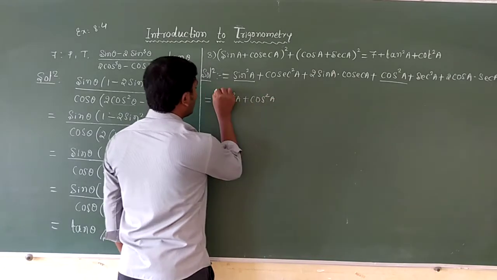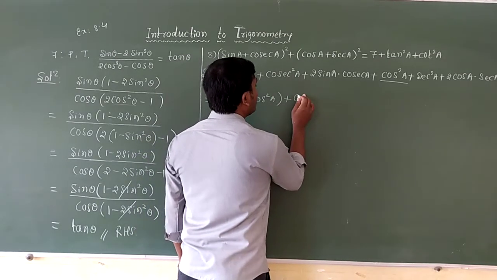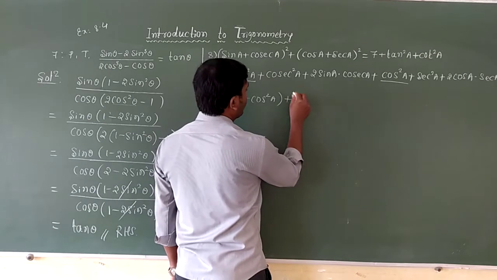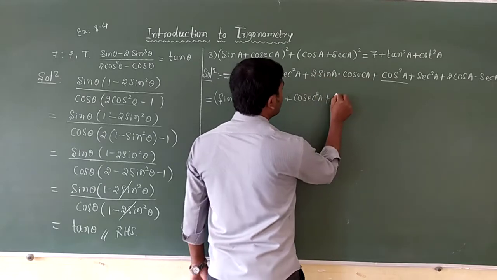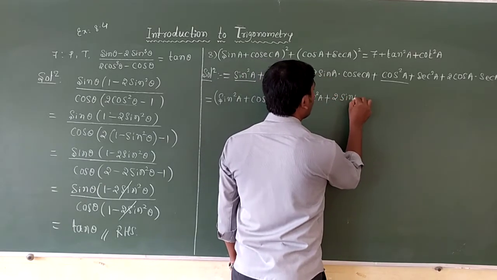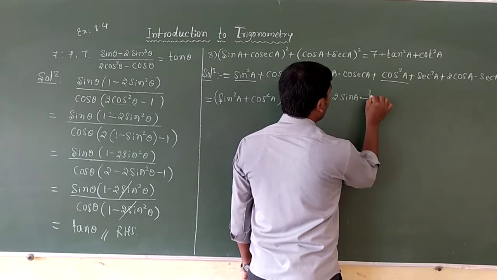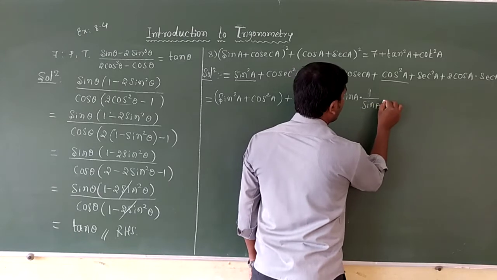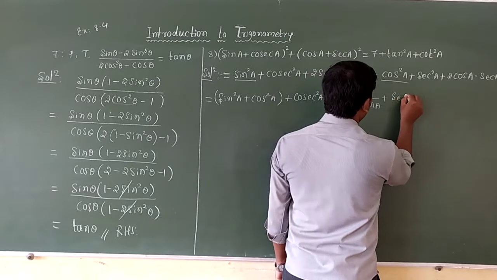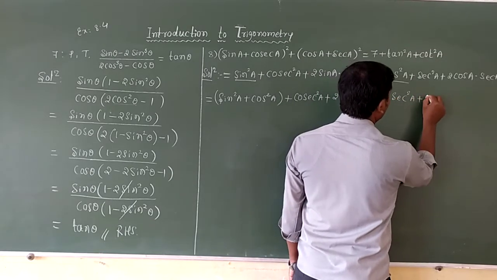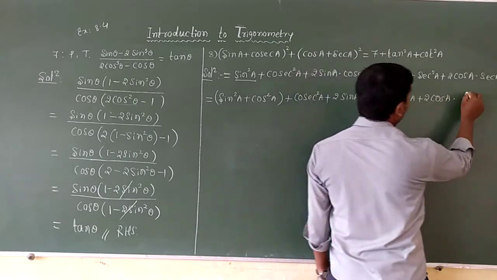We will make the group, plus cosec square A, plus 2 into sin A into, here cosec A can also be written as 1 by sin A, plus cos square A we have taken there, plus sec square A, plus 2 into cos A into, this sec A can also be written as 1 by cos A.